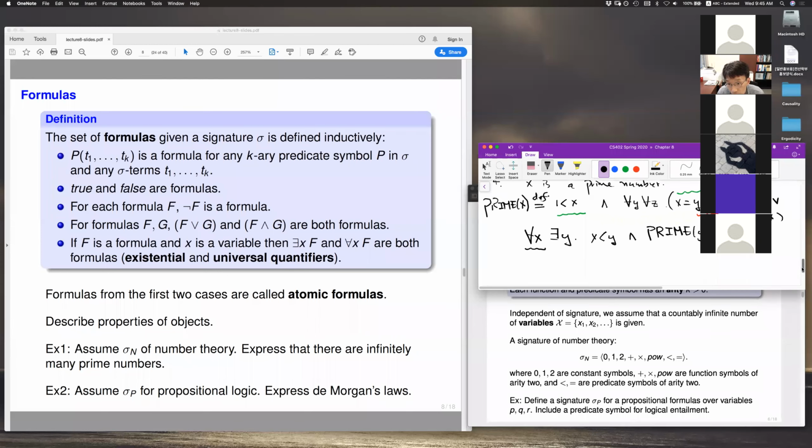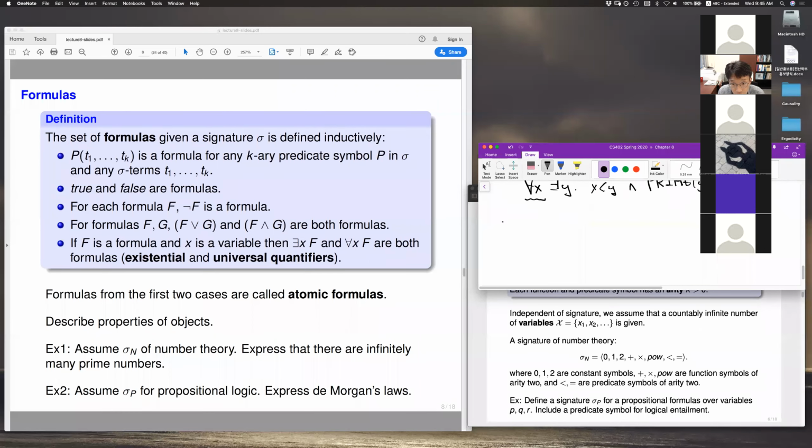And then for the second question, which is about De Morgan's law. If I give you a reminder about De Morgan's law, it really says if you have f and g, that is equivalent to the negation of f or the negation of g. And there is something similar for the disjunction.